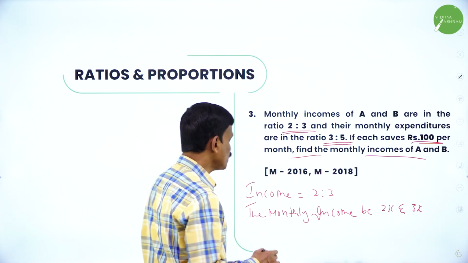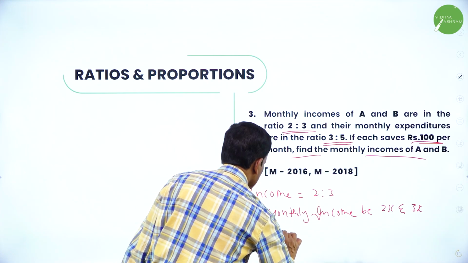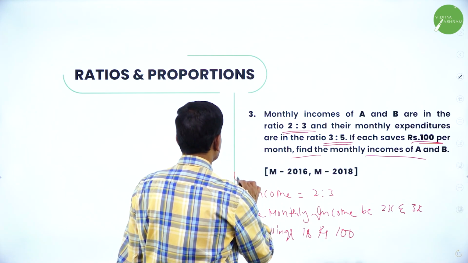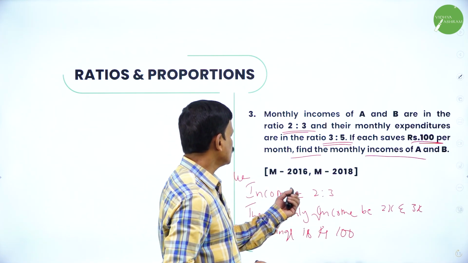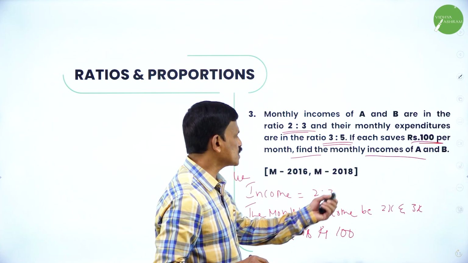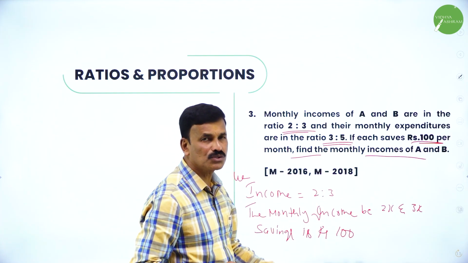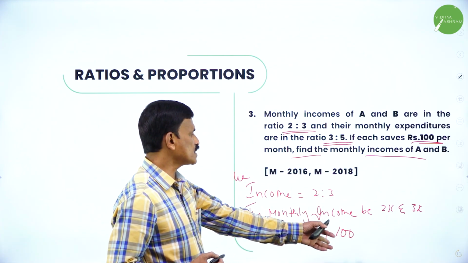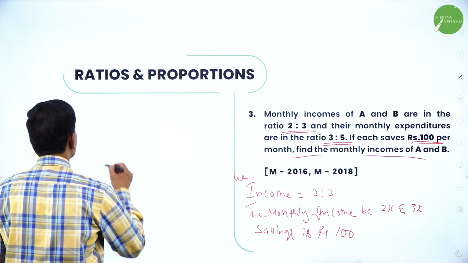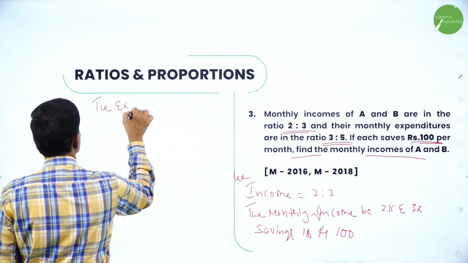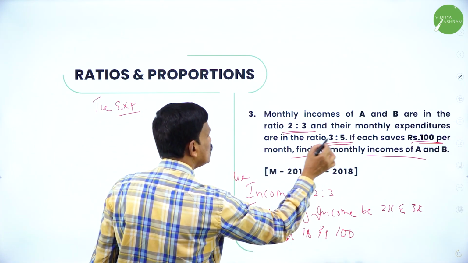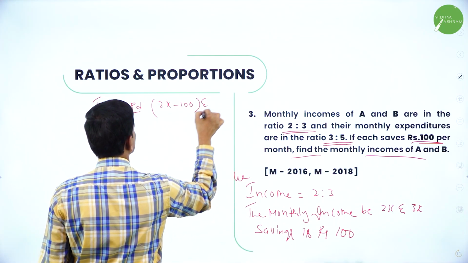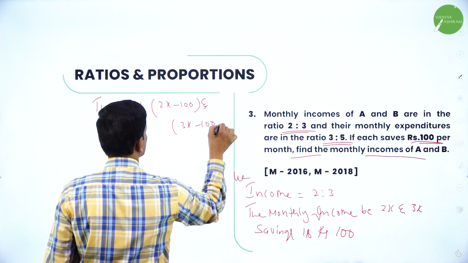Their savings is rupees 100. Now what is the expenditure? The expenditure of A and B is 2x minus 100 and 3x minus 100.